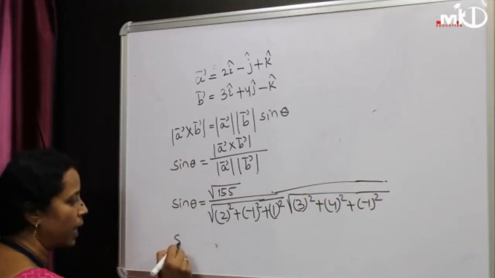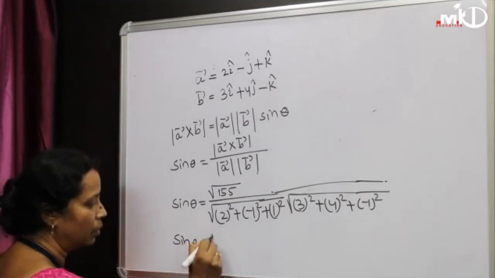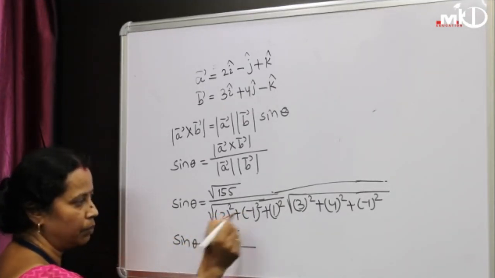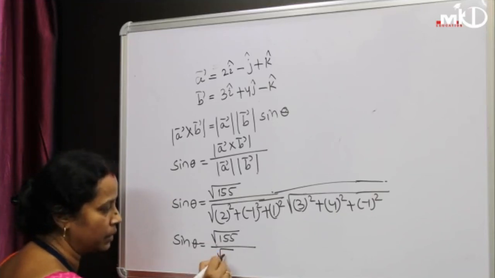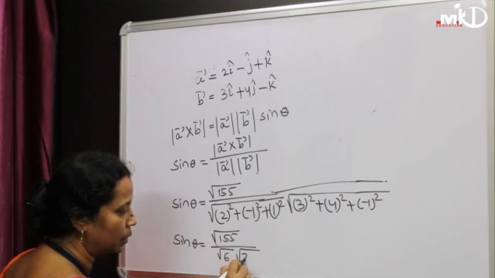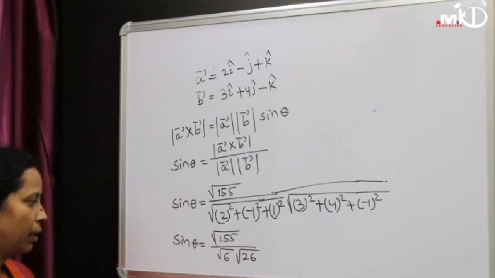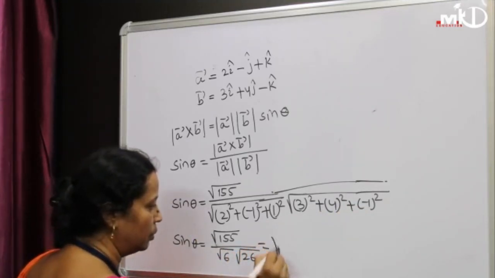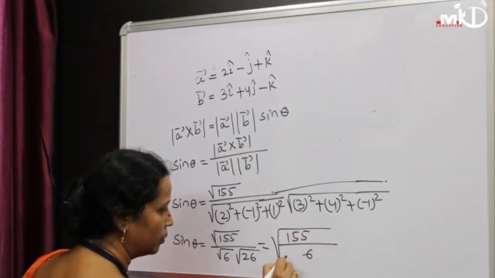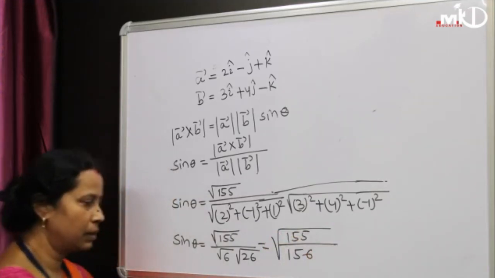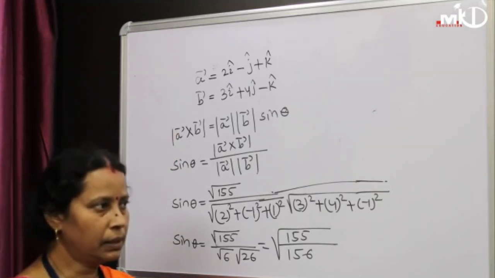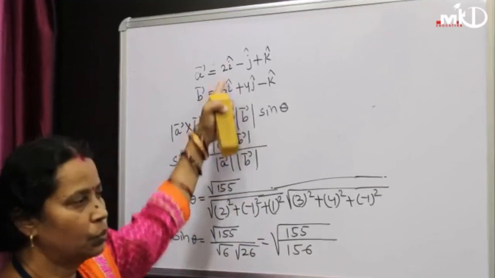So sine theta is equal to root over 155 by root over of 4 plus 1 plus 1, that is root 6, into root over of 9 plus 16 plus 1, that is root 26. So it is equal to root over of 155 by 156. This is the sine theta, the angle between these two vectors.